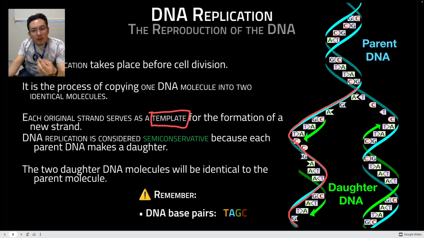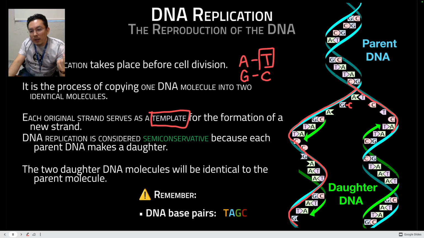Because if we consider that DNA has two strands and they are complementary, remember that A binds with T and G binds with C, T being exclusive for DNA, then we can assume that if in this old strand we have G, then the new strand will have a C, right? And if you look at the other complementary strand that comes over here, we have a C over here.